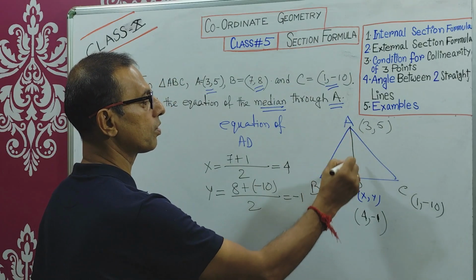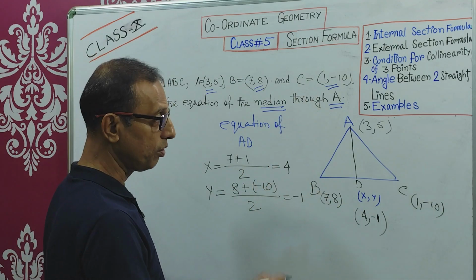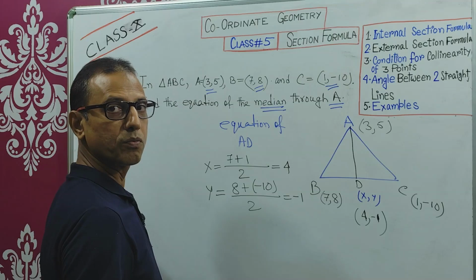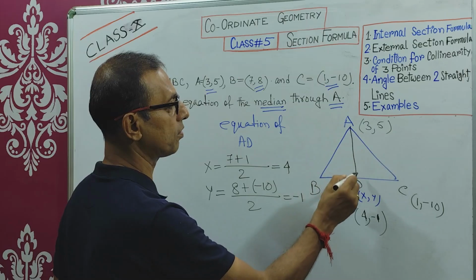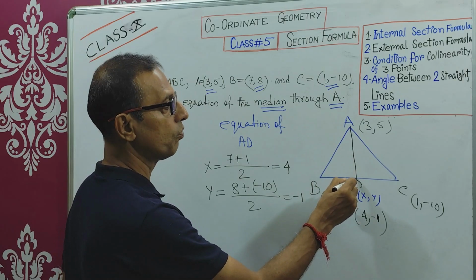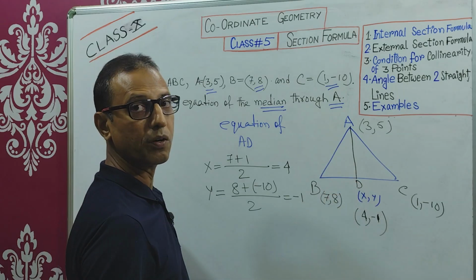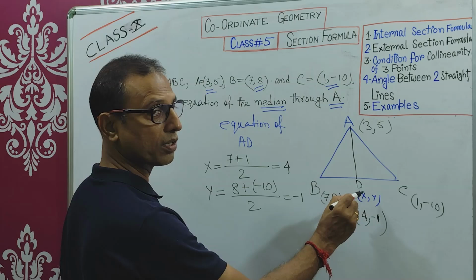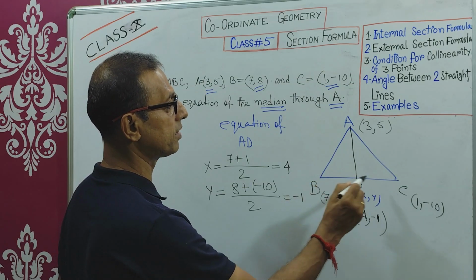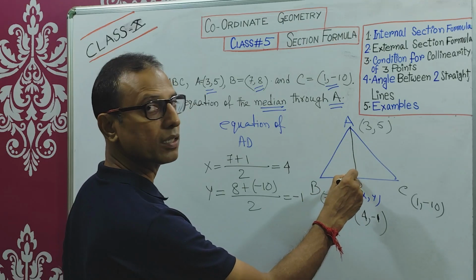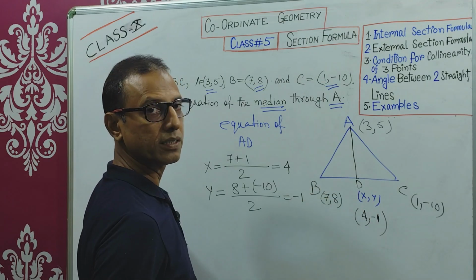You can find the equation of AD, because you know 3, 5. You need to break the problem from the last. It is asking to find the equation of AD. In that case, you need to know the coordinate of D, which you don't know. To find the coordinate of D, what is given? For the straight line BC, this point is bisecting or equally dividing BC.